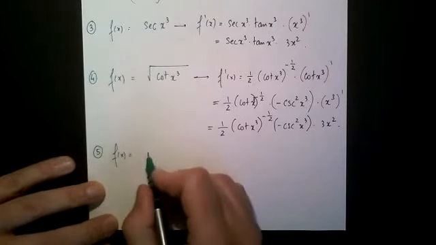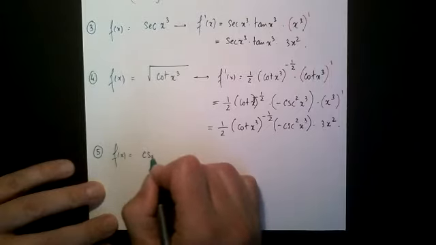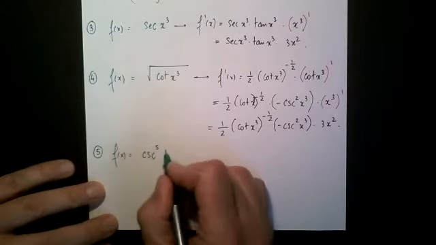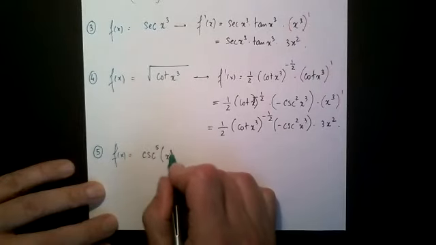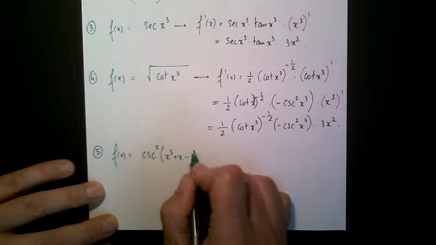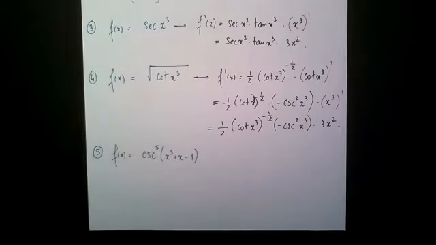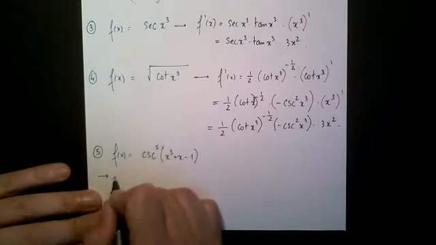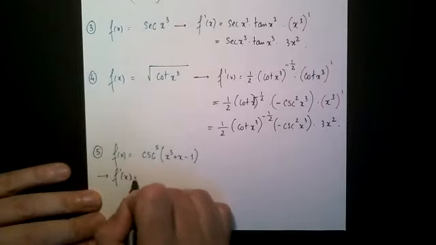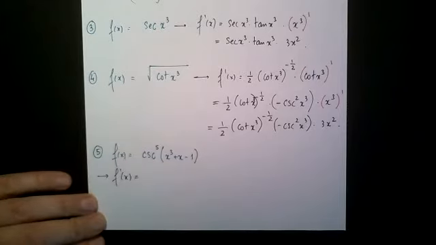F of x is equal to cosecant to the power 5 of x^3 plus x minus 1. What is the first thing we do? Anybody?